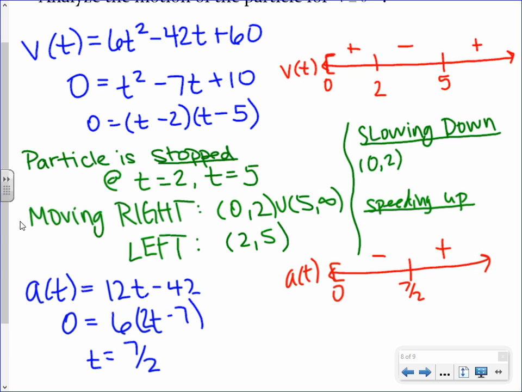Okay? Now, after 2, we're going to go from 2 until 7/2, because that's where the acceleration changes. From 2 until 7/2, our velocity is negative, and so is our acceleration. So from 2 until 7/2, we would be speeding up.